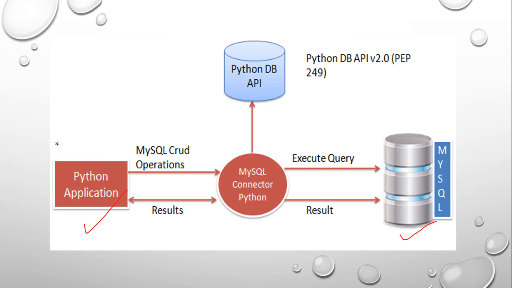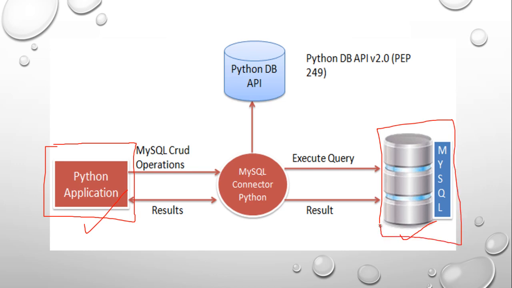So what we have to do is perform the interaction between our Python application and the MySQL software. But as you know, they are different softwares, so obviously there must be some mediator between them, right?